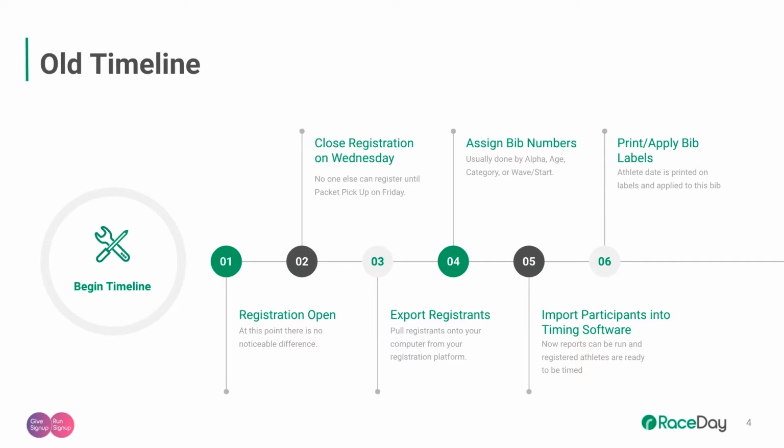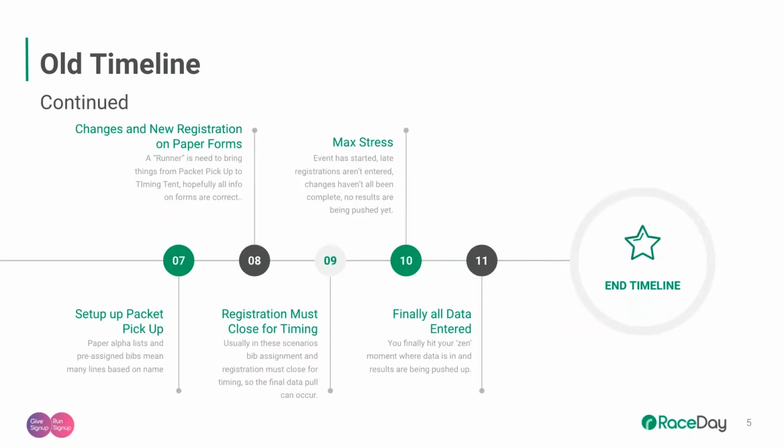If your race is on Saturday, then you might close registration on Wednesday, export your registrations, send them to your timer, or if you are the timer, then you're assigning the bib numbers in a CSV file. Then the timer is importing those participants into timing software, possibly sending you a printable file to apply bib labels to your bibs, and from there you're getting ready to set up packet pickup.